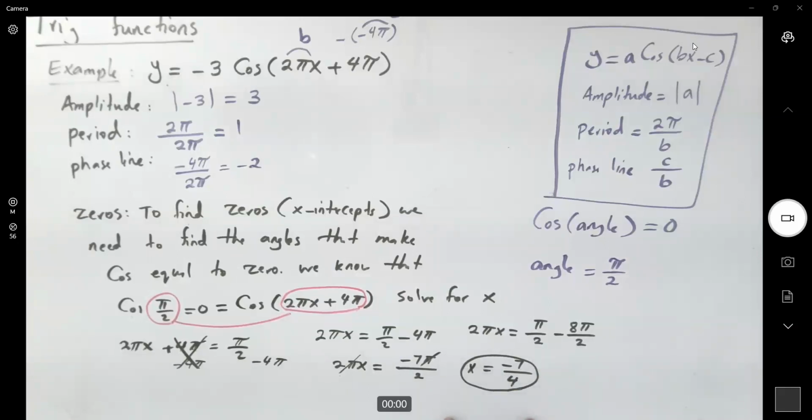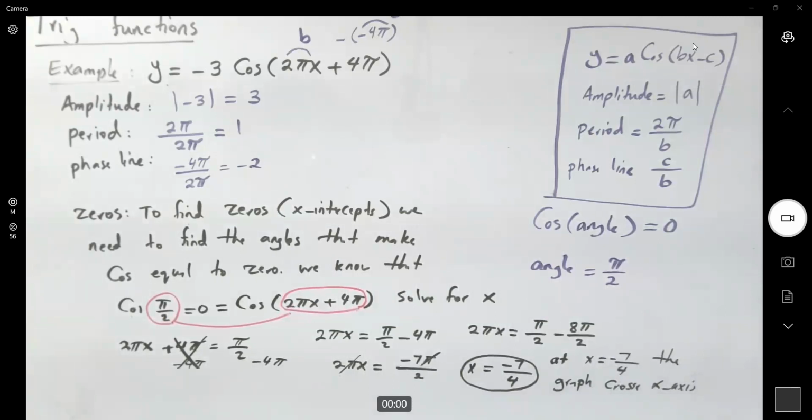Wow, I found my first x-intercept at x equals negative 7 over 4. The graph hits or crosses the x-axis.